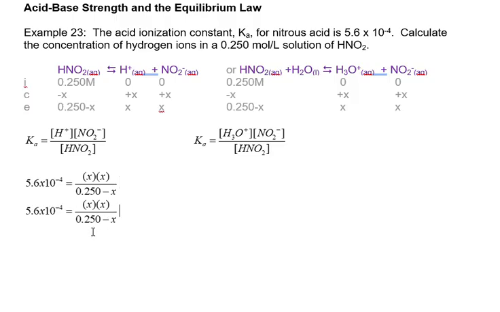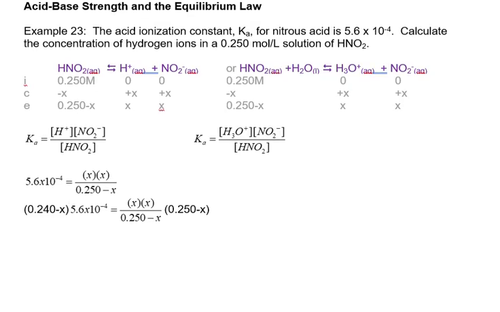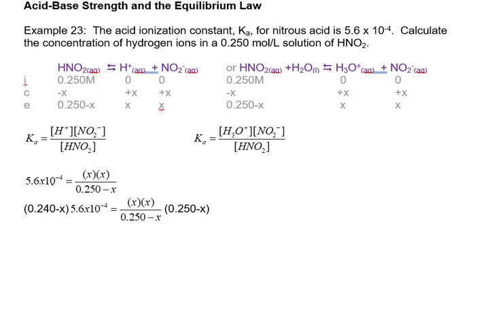So first thing we got to do is get rid of that denominator. So we're going to multiply both sides by that, which is going to cancel out.